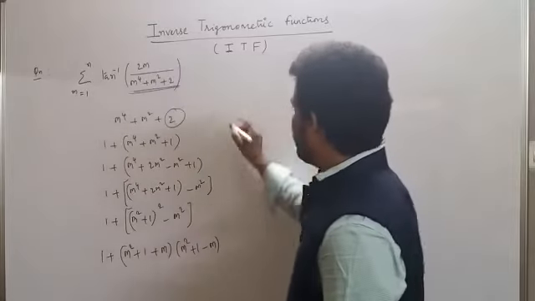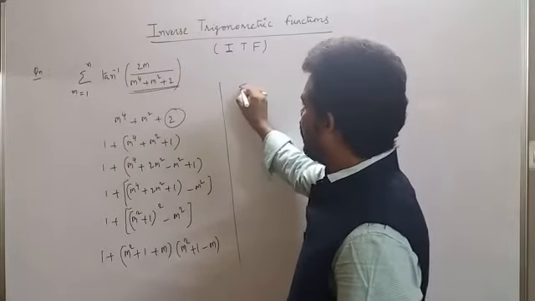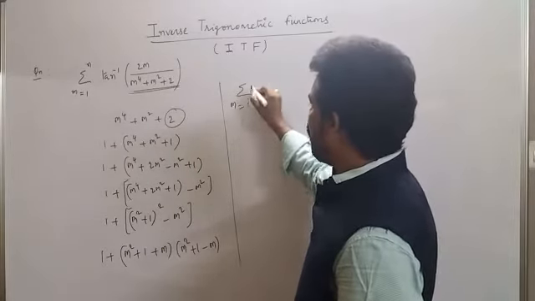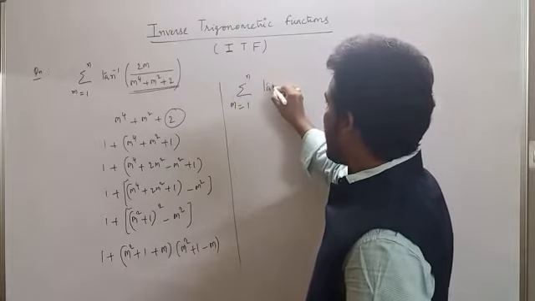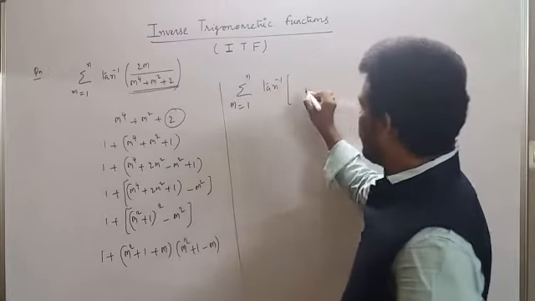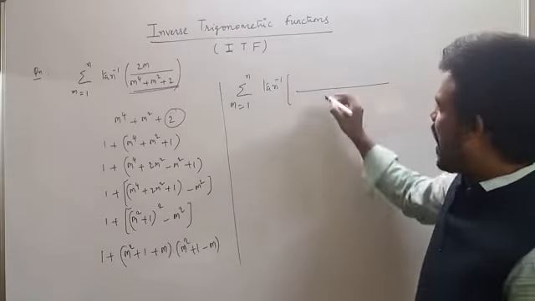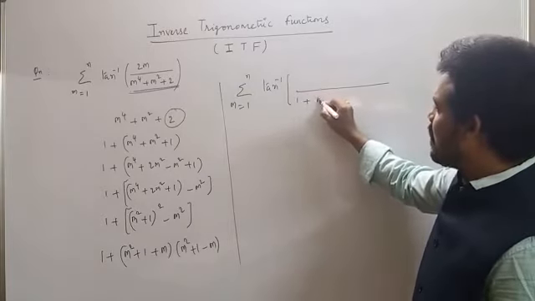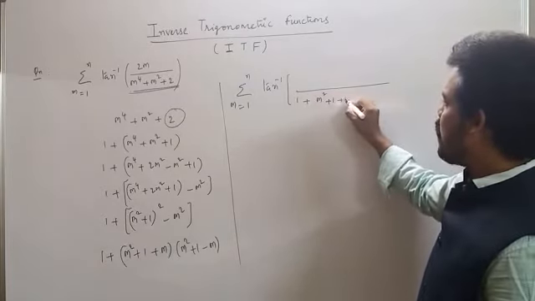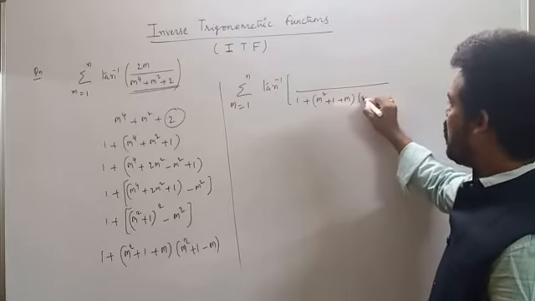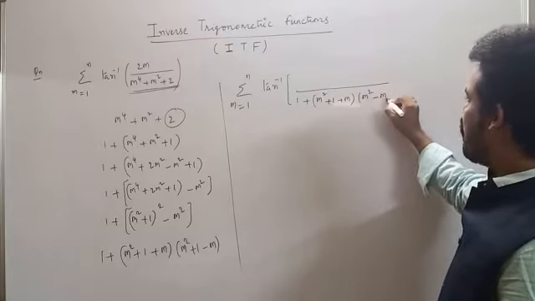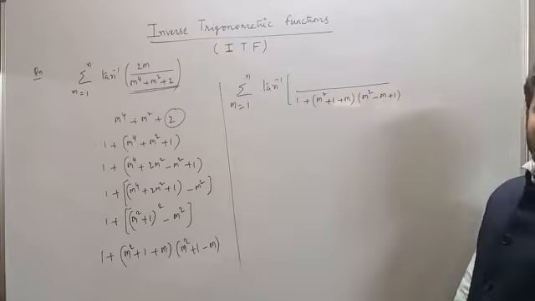This is sigma m running from 1 to n, tan inverse of the denominator as 1 plus m square plus 1 into m square minus m plus 1.